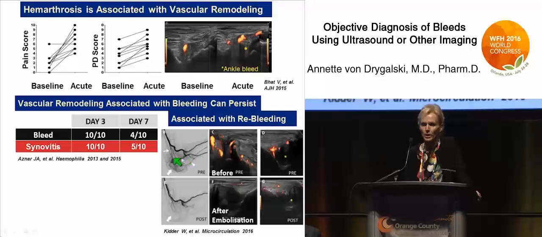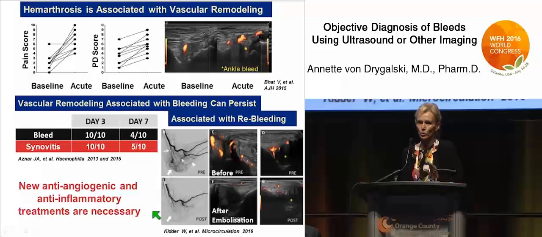In the angiogram here, you can see the blushing and extravasation of contrast material, and the abnormal vascularity is shown here in the power Doppler, and this bleeding could only be ablated with embolization, here clearing the elbow and the vascular signals. So that just opens up a whole new realm of thinking in terms of new anti-angiogenic and maybe anti-inflammatory treatments beyond just clotting factor replacement.